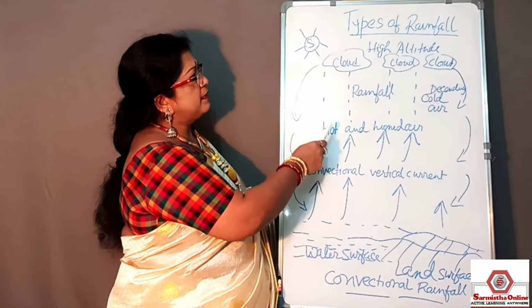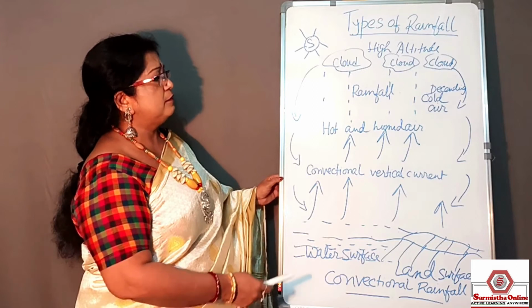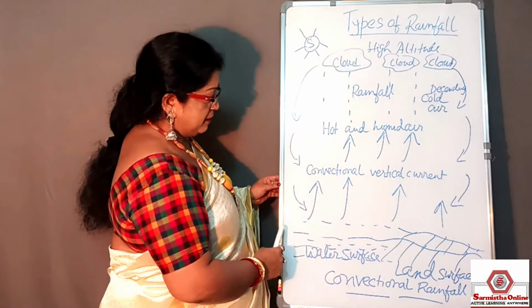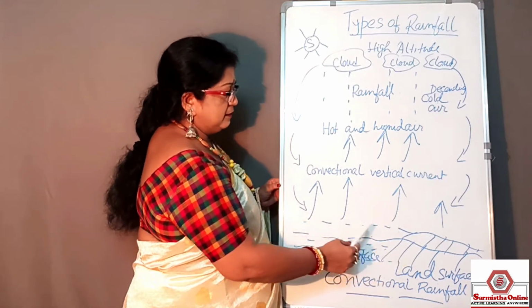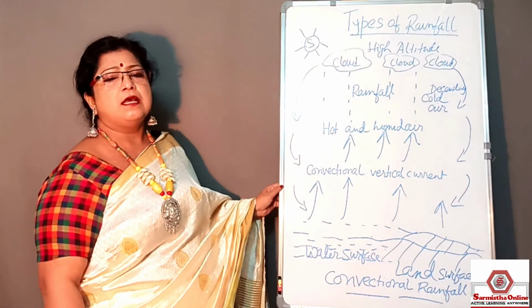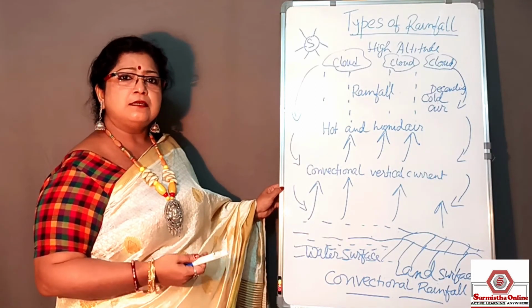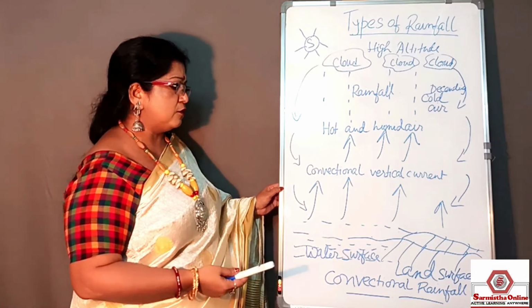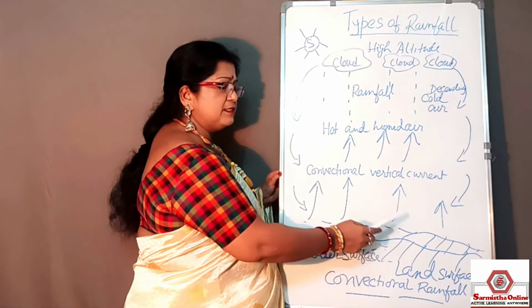See, this is the diagram of the convectional rainfall. During the day, from the water surface as well as from the land surface, heavy evaporation takes place. Why does the heavy evaporation take place? Because of the presence of heat and the moisture. Moisture is also present in the water surface as well as the land surface.